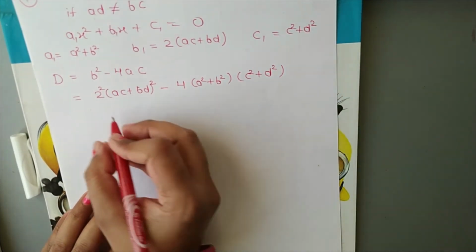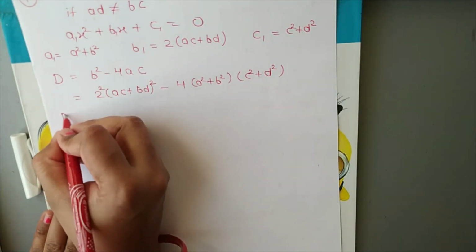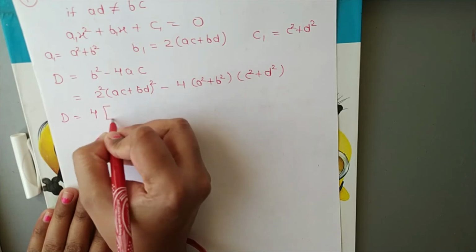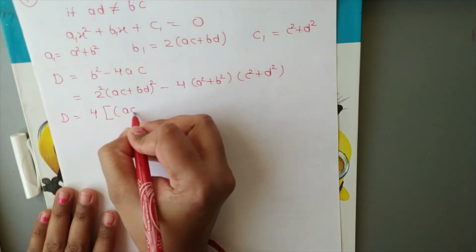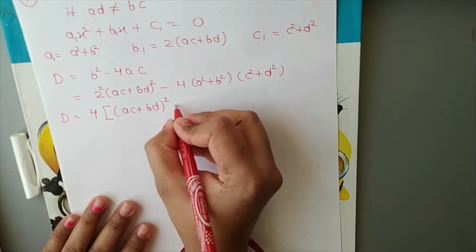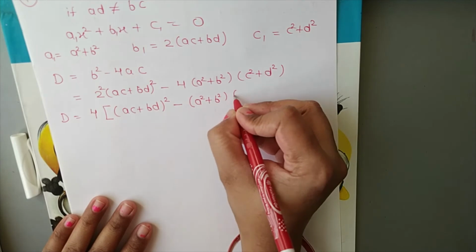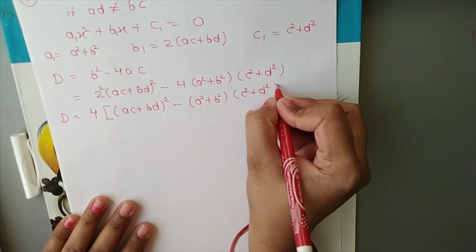Okay, so 4 is common, then remaining is (ac plus bd) whole square minus (a square plus b square) into (c square plus d square).